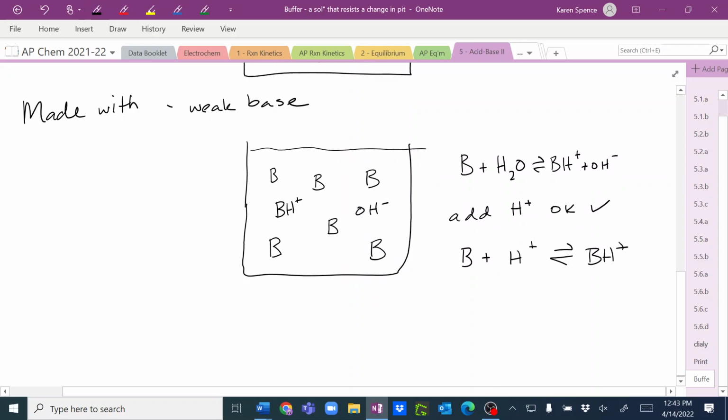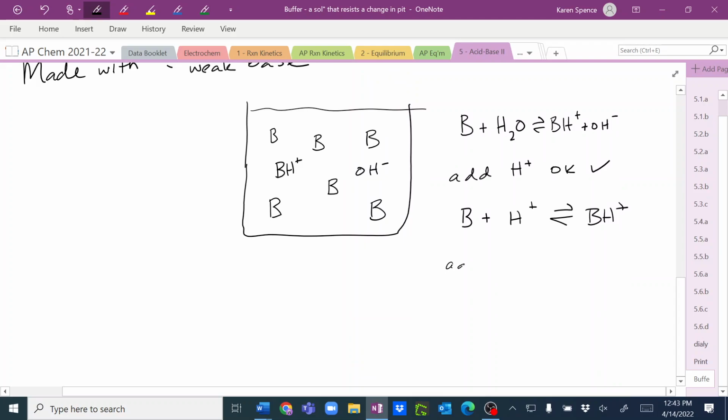Okay, what if I now add some sodium hydroxide? So I add 1 hydroxide. That's going to get together here, yes. And I'm going to make B, and I'm going to make H2O, yes.